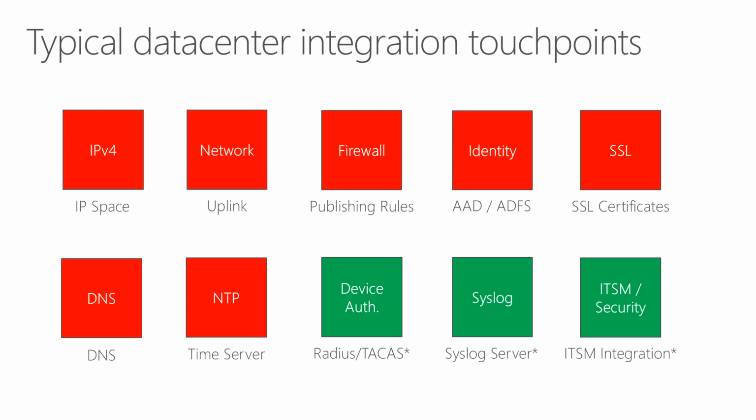So what you see here is a number of those integration touch points. The topics in red are those that you need to think about in advance, and those feed into the deployment process. In order to deploy an Azure Stack, as I mentioned, you're going to need to fill out a deployment worksheet with the vendor that will be used as input values during the actual physical implementation of the scale unit.